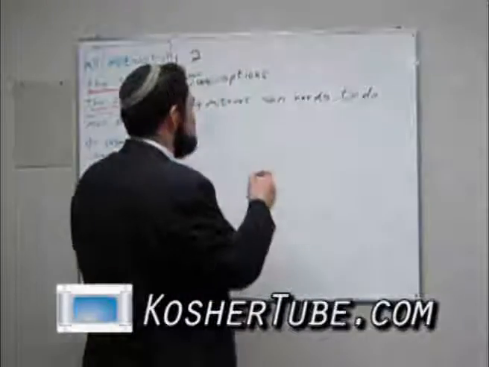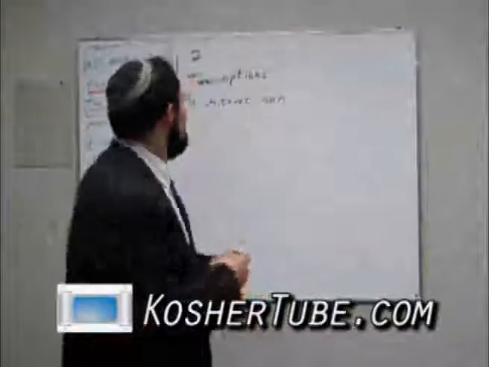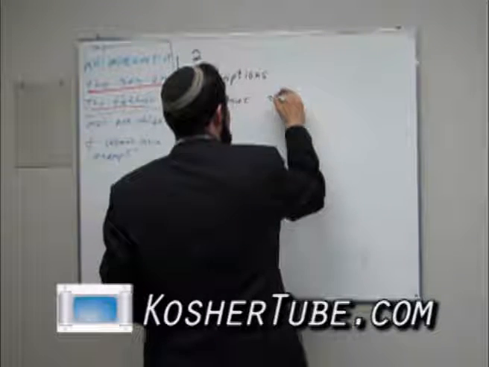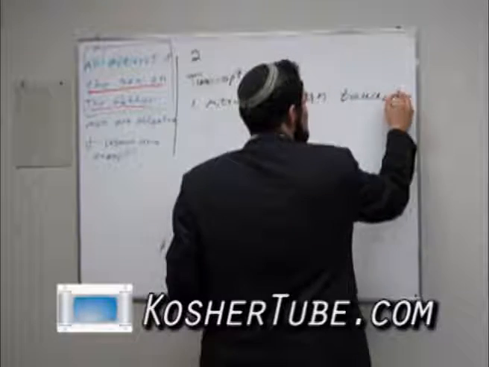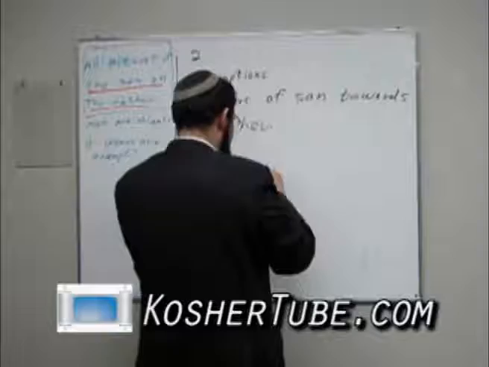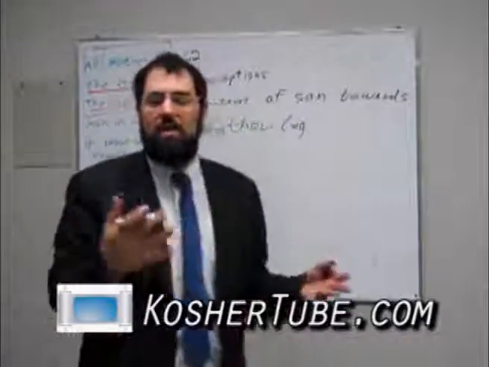Here we'll use the word towards. So mitzvot of son towards father. Examples? What are mitzvot that the son needs to do towards his father?